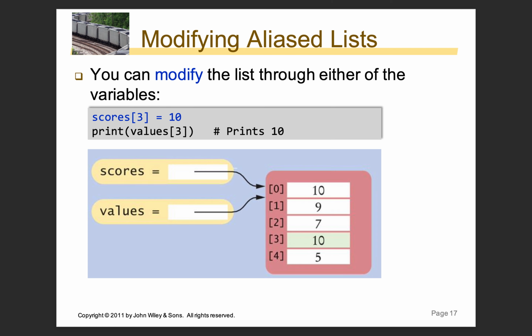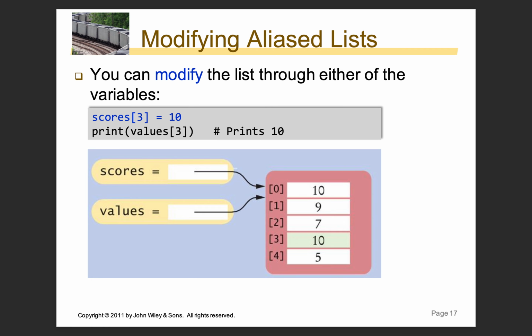And what then happens is if you modify the list through either of the variables, it actually changes for both, because when you call the name of the variable for the list, it's just calling the reference, so it's just pointing to the memory location. If you change something via that reference, you change the data in the memory location, and then because both of the variables are referencing the same list, it changes in both.